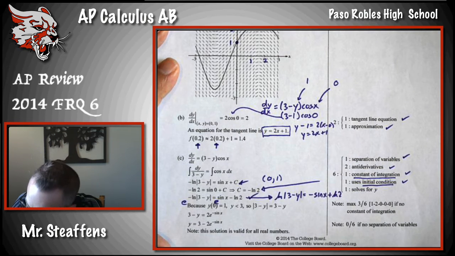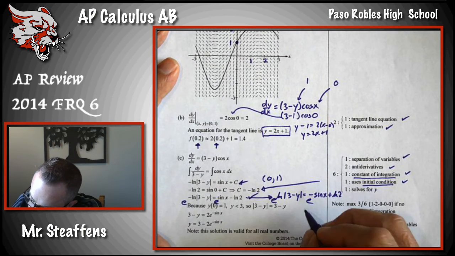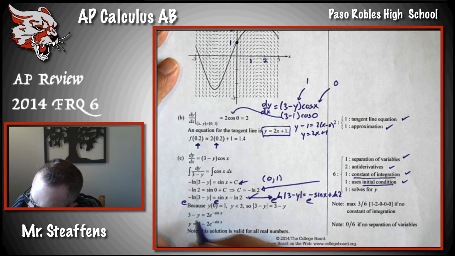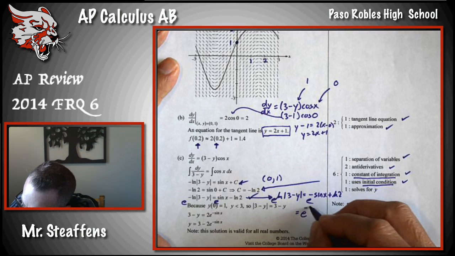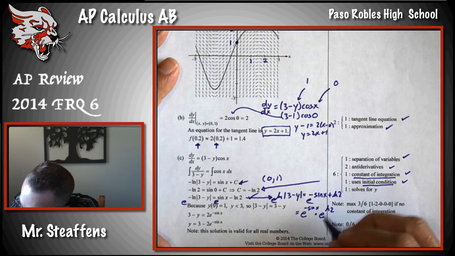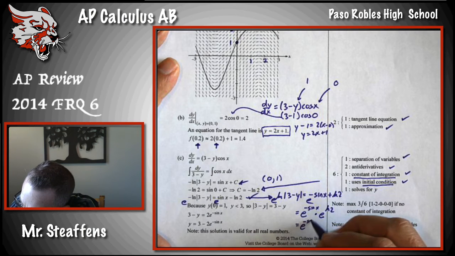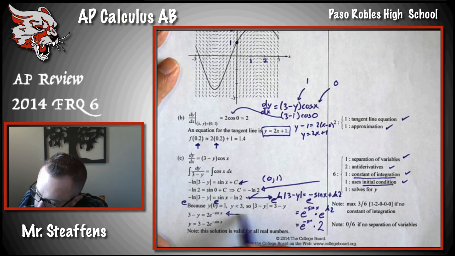So now, when I use my e value, I'm going to break this up, and over here, remember, I have e to the negative sine of x times, because it's plus, right? Plus turns into times e to the ln of 2. And of course, e to the ln of 2 is just 2. So that is where this is coming from.